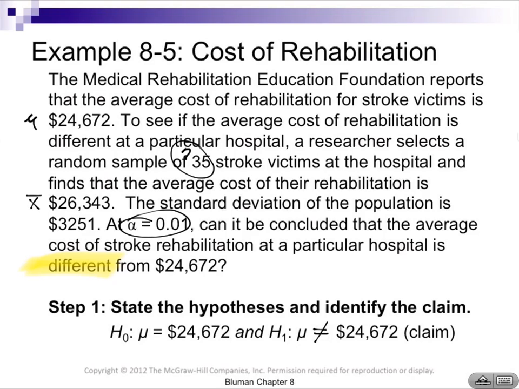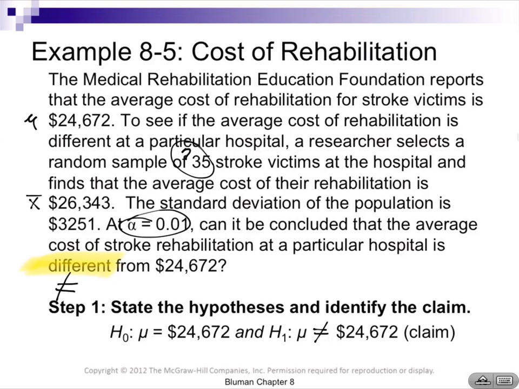And so that makes our symbol that we're looking for not equal to. This is going to be a two-tailed test. It can be less than, and it can also be greater than, and it still be different.